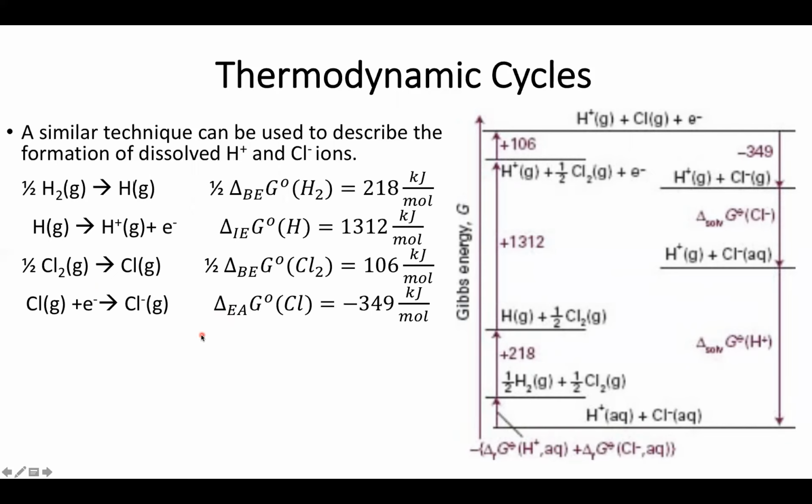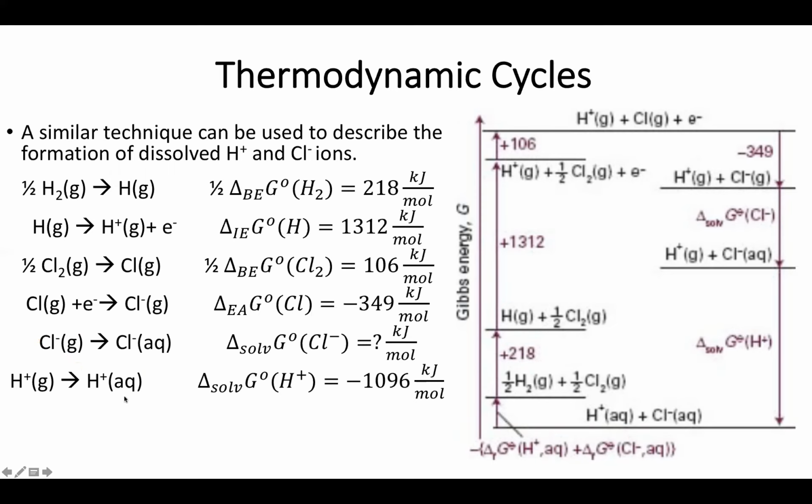But here comes in the slight problem when you're trying to determine the free energies of dissolved species instead of solid complexes, because now I have to deal with the fact that I have to find the solvation energy of chlorine and the proton. However, because of its central role in so many reactions, including acid-base reactions, you can find relevant literature values for the experimental free energy of solvation for the proton of about negative 1,096 kilojoules per mole.